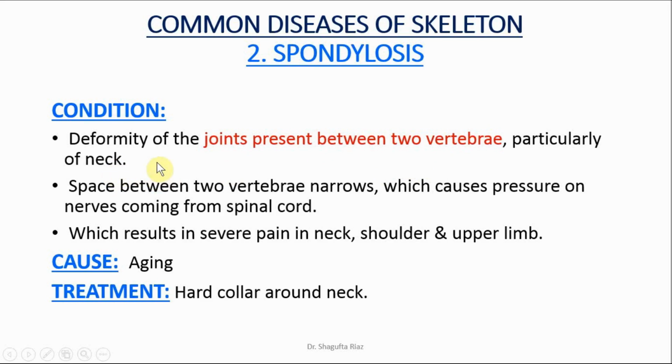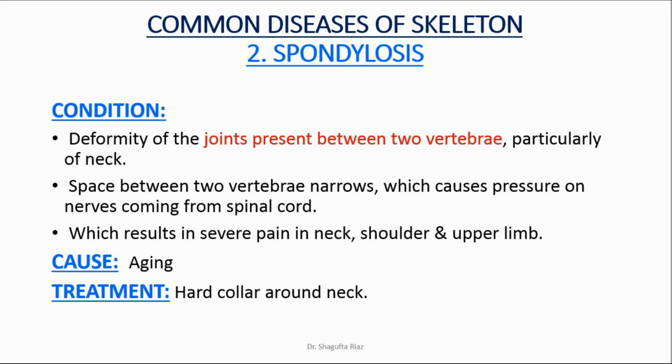In this condition, the vertebrae present in our neck have deformity, or the space between these two vertebrae narrows down, which means vertebrae come closer to each other as compared to the normal space of it, which causes again the pressure on the nerves coming from the spinal cord.